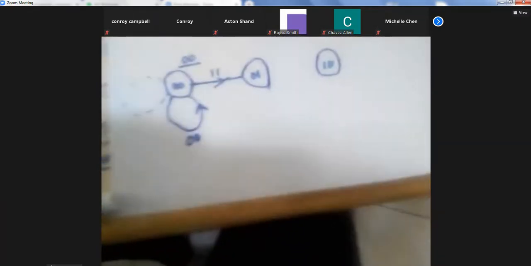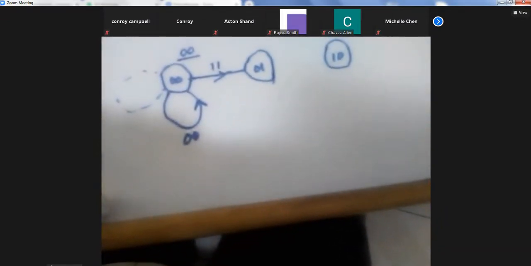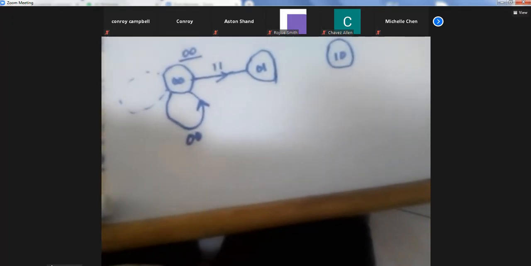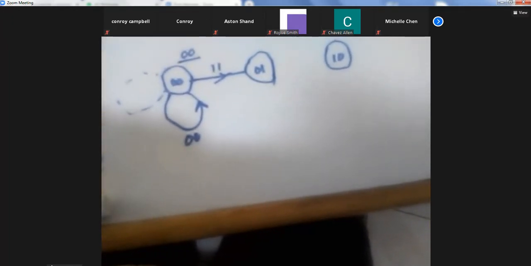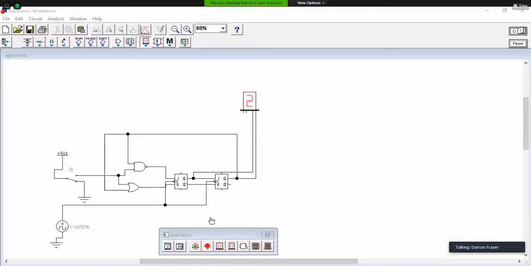If you allow me to go back to the diagram, let me just share screen and point something out. You see this that we have here? The circuit that we talked about on Wednesday?